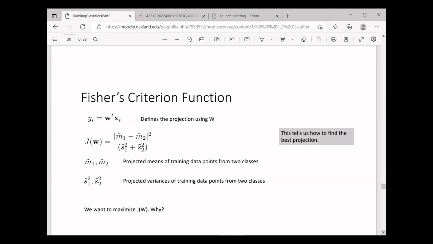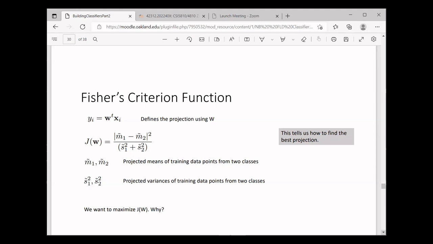So let's look at all the examples that we have from two classes and do their projections. And once you have done their projections, let us take all the examples from class 1 and calculate their mean value or mean projection value. Similarly, take all the examples from class 2 and calculate their mean projection value on the line.